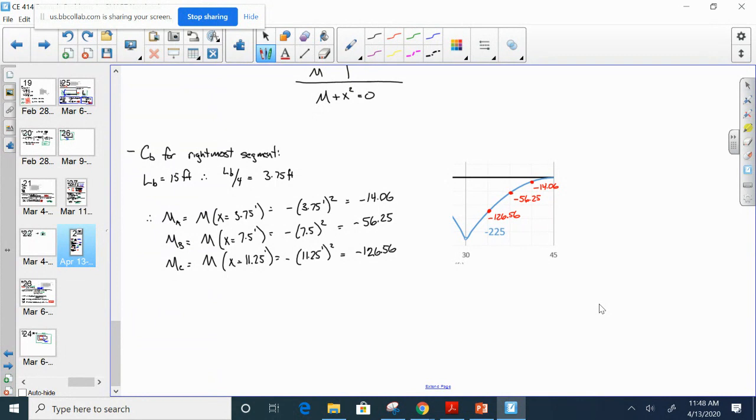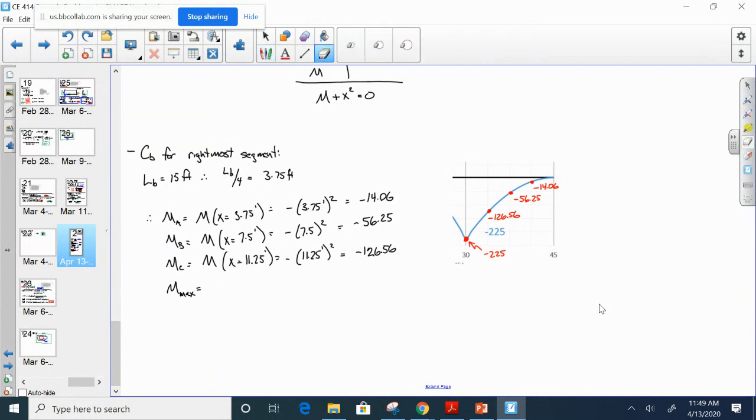The formula will handle both. If you look at the way you handle MA and MC, you do the same thing to both of them. Now, M max is the largest moment in this entire segment, and the largest moment is actually the moment right here, which is minus 225. Now, you can get that from the moment diagram, or you can also plug in.